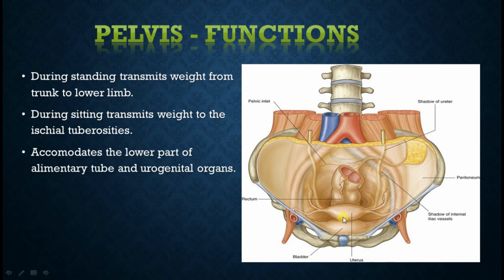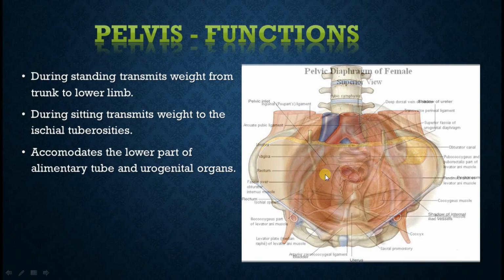It accommodates the lower part of the alimentary tube and the urogenital organs. So it is also protective in nature. Apart from weight bearing, the bony pelvis is actually protective in nature.